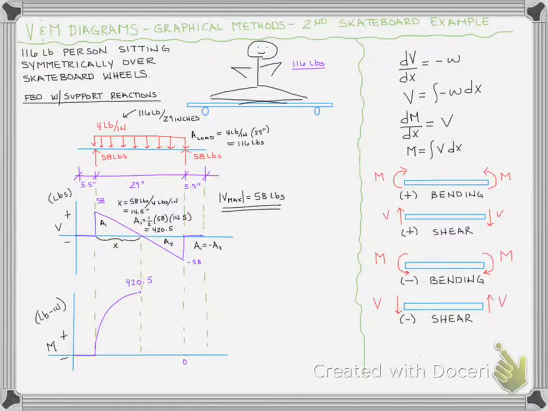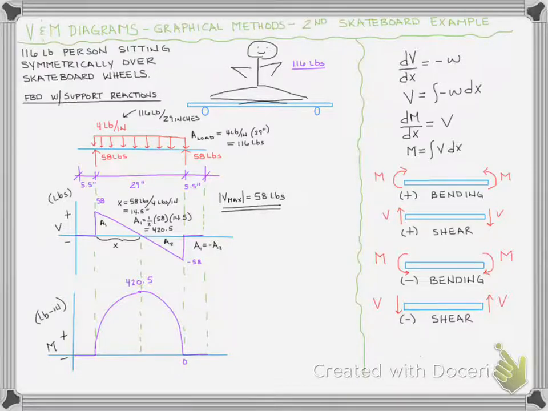Let's look at the shear, and we can see that the magnitude of the shear gets bigger. It's increasing with every inch, so our slope should be increasing. And so there we have an increasing slope. Then finally, in the last 5.5 inches, we're just going to be 0 because there is no shear.